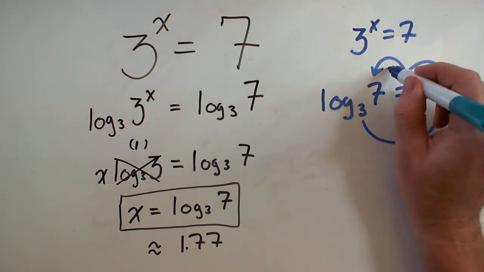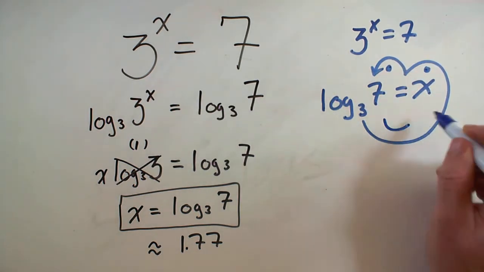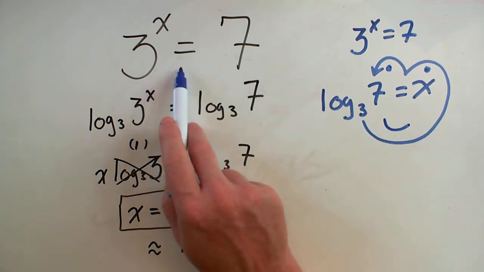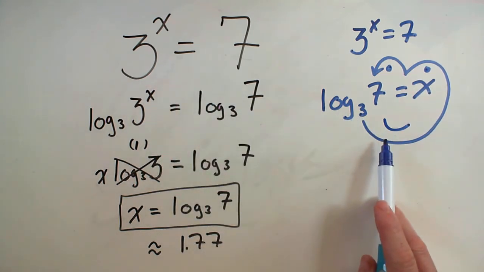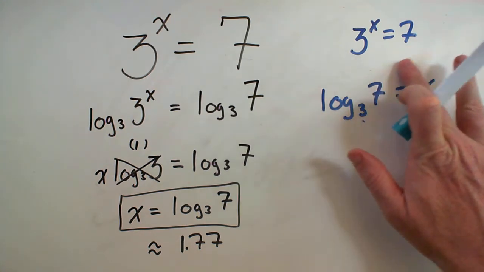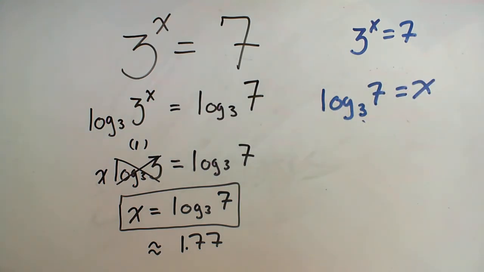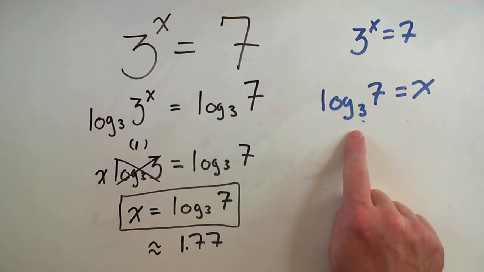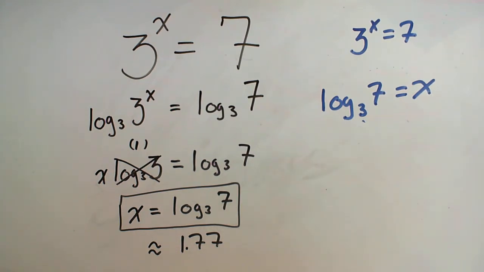So you can use that loggy froggy idea to take the simpler problems and, by putting them into logarithmic form rather than exponential form, the answer to the problem just kind of happens.